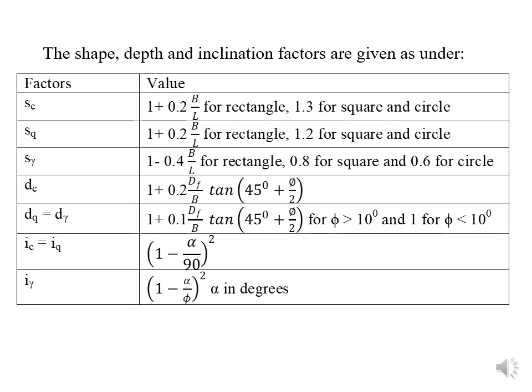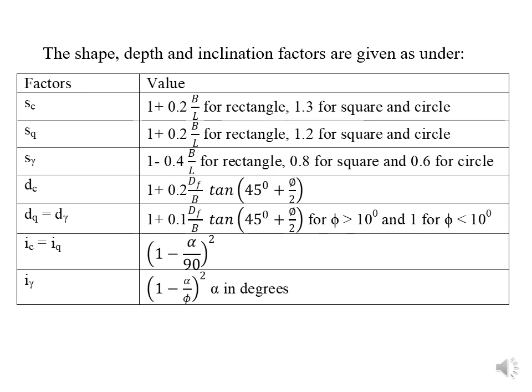Similarly for SQ, we can take 1 plus 0.2 B by L for rectangular footing, and 1.2 for square or circular footing. S gamma is 1 minus 0.4 B by L for a rectangle, 0.8 for a square, and 0.6 for a circular footing. DC, the depth factor with respect to cohesion, is 1 plus 0.2 times depth of foundation divided by width of the footing.